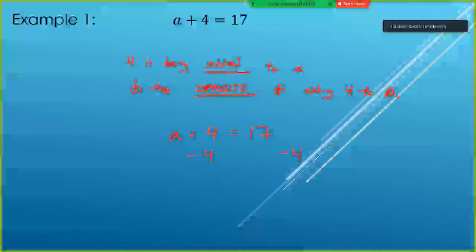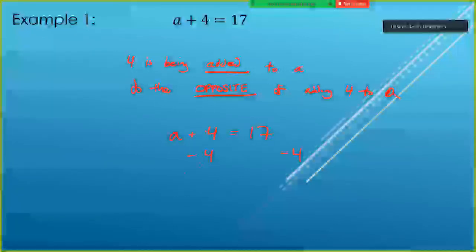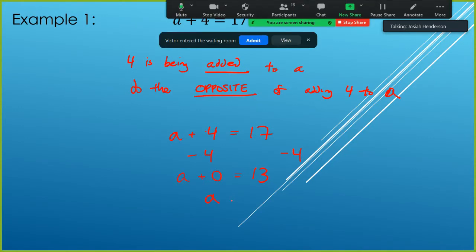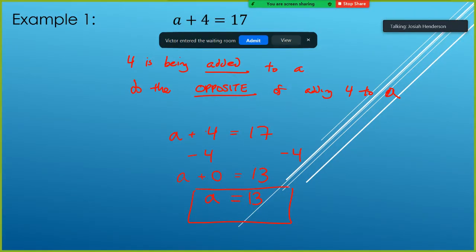Those are like terms. 4 minus 4 cancels out to 0. So technically, we have A plus 0. On the right side, we've got 17 minus 4. There's that 13 that Philman said. He's right. On the left, A plus 0, we don't need that 0, right? It's kind of redundant to show plus 0. So I'm going to simplify further and delete it out and just say A equals 13. And what we just did is solve the linear equation for A.